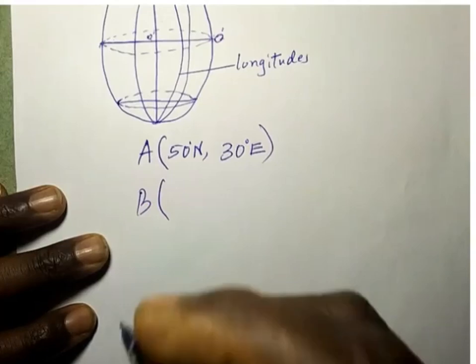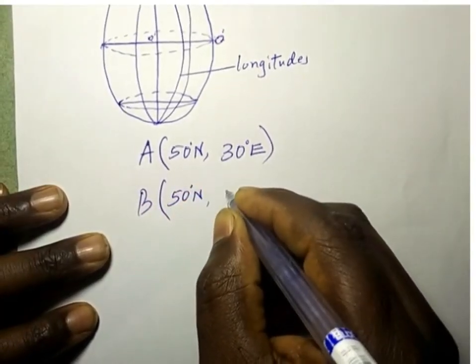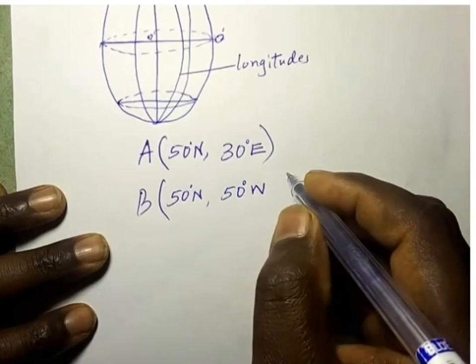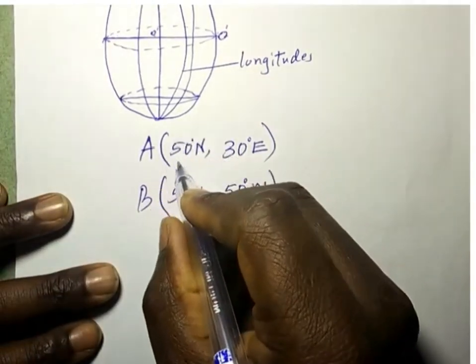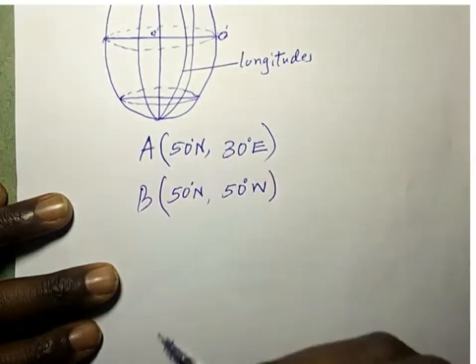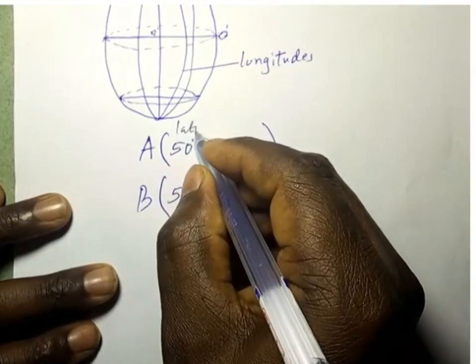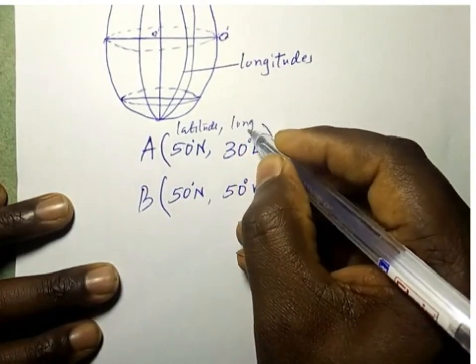Point B is 50 degrees north, 50 degrees west. The first angle is the latitude. The second one is the longitude.